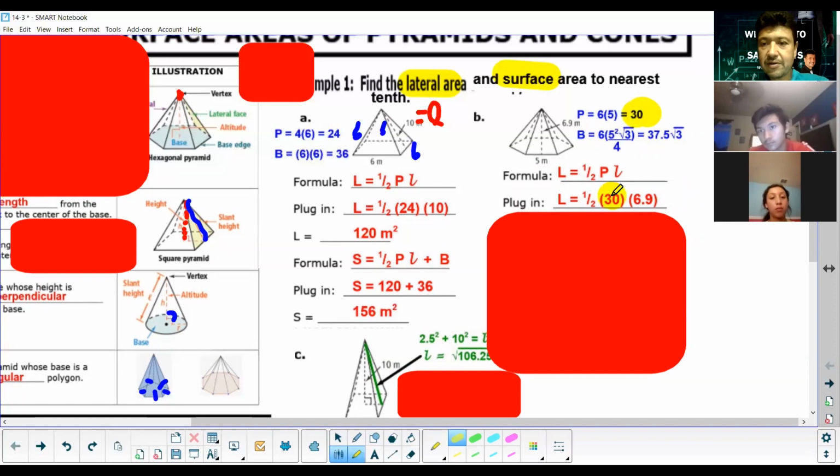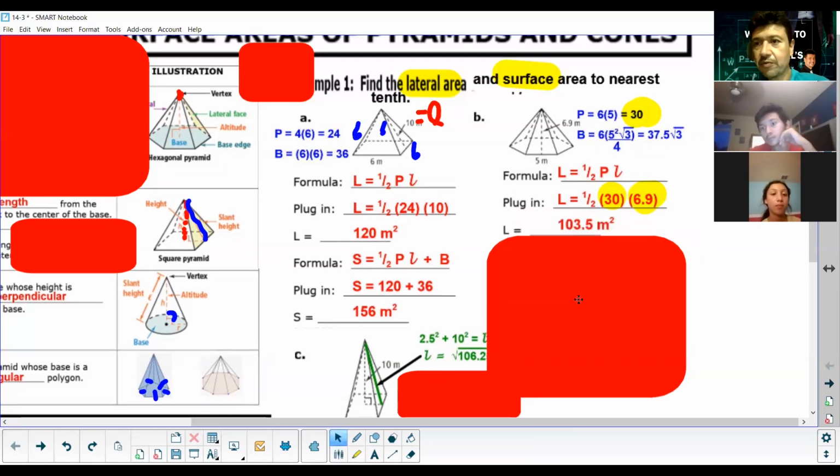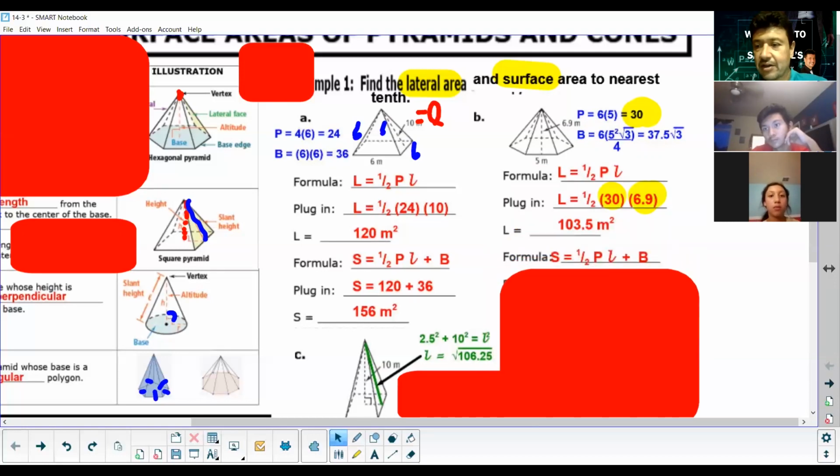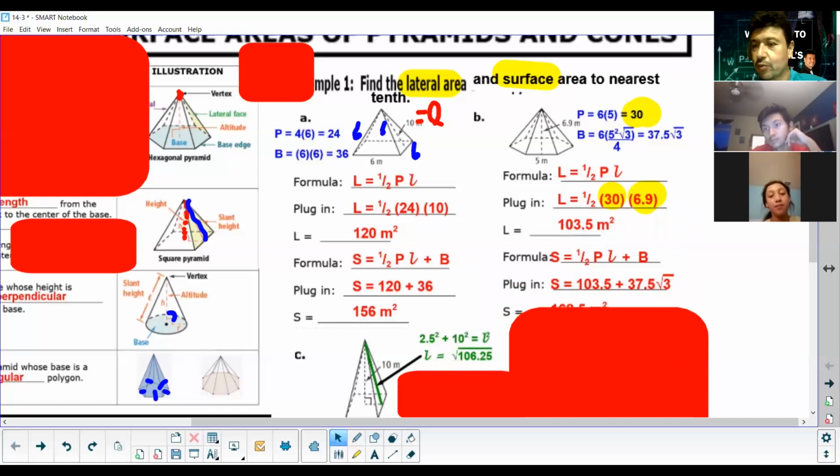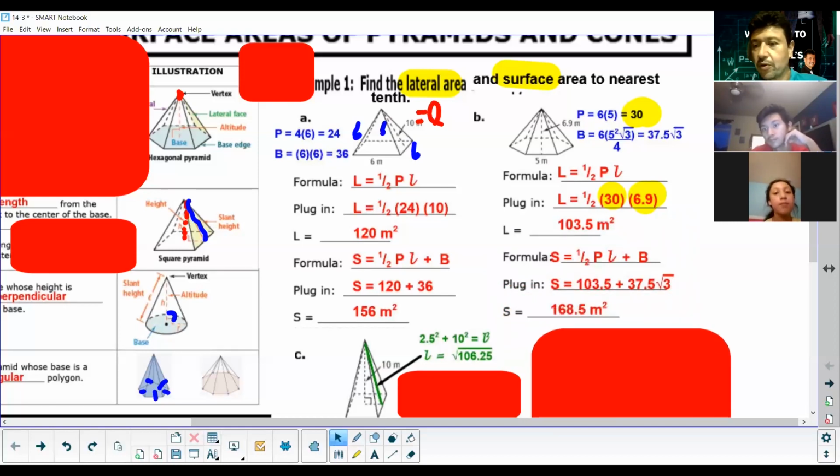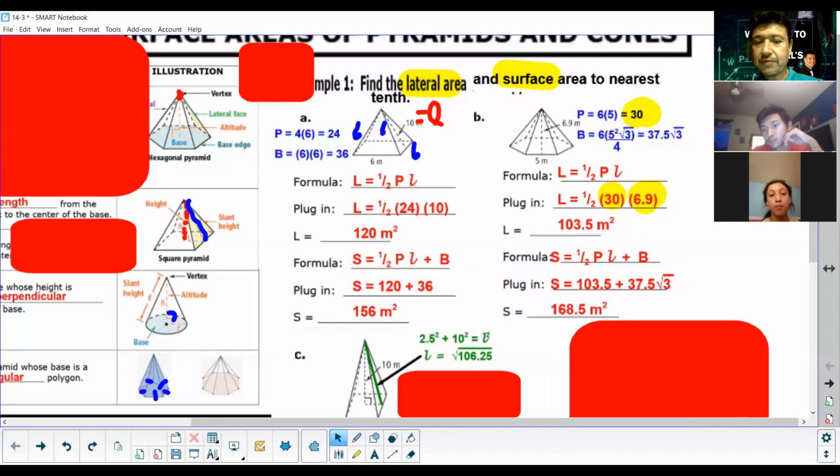And this arrow is pointing to the slant length, the 6.9. Okay, so when we solve all that, we'll get the solution that's really 103.5. Now what would I need to do to find the total? You're going to add the base, which is that result that was given to us. So we'll have the benefit of knowing that's 168.5.